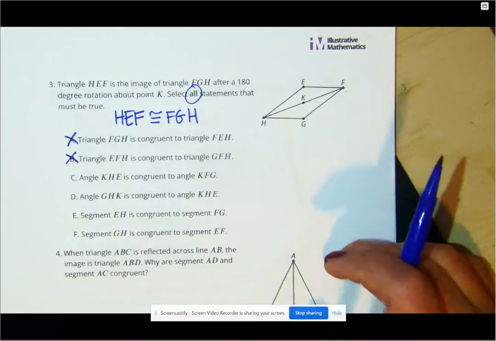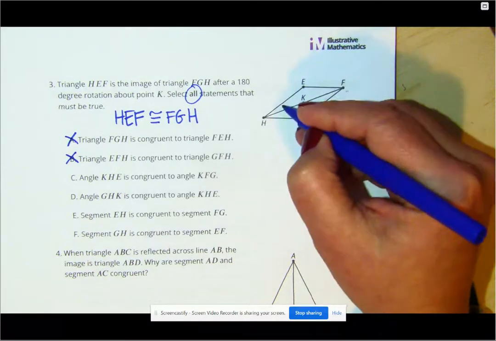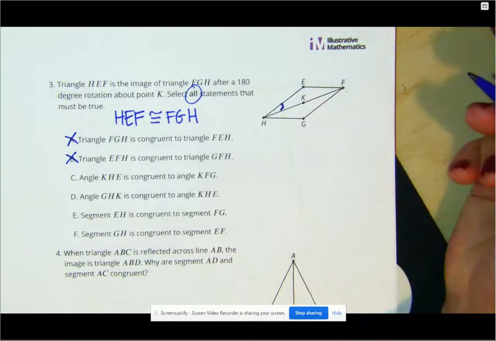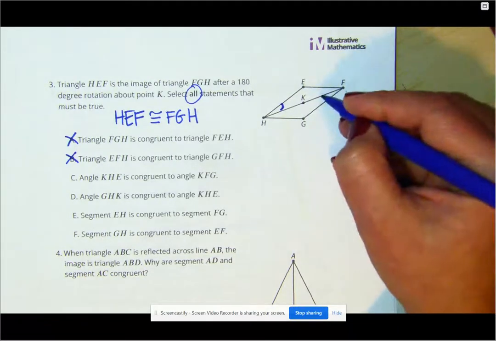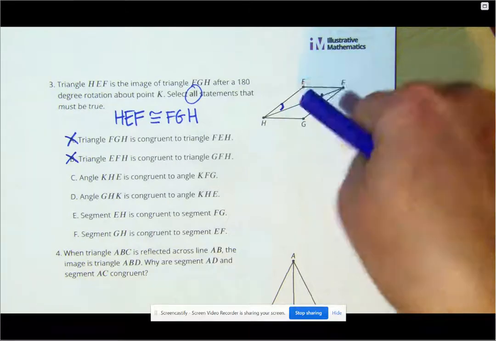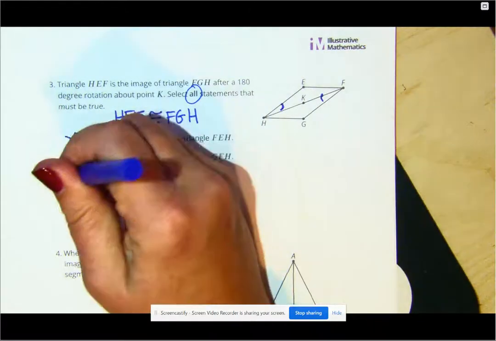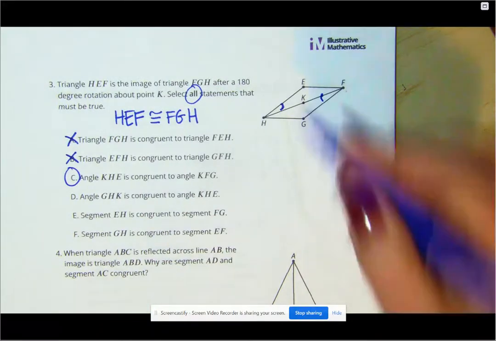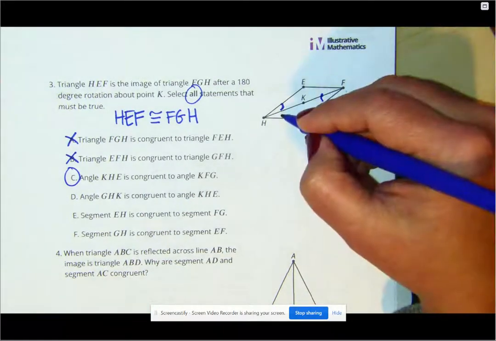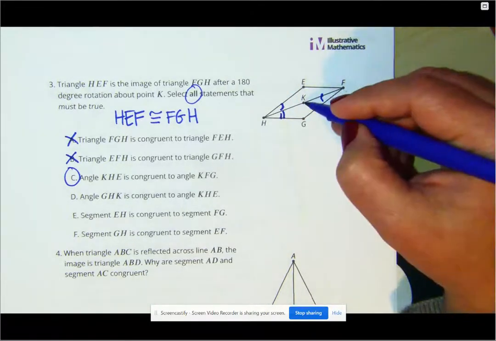Angle KHE, I'm going to mark it, is congruent to angle KFG. When I rotated it, this side went to this side. Yes. Angle GHK is congruent to KHE.